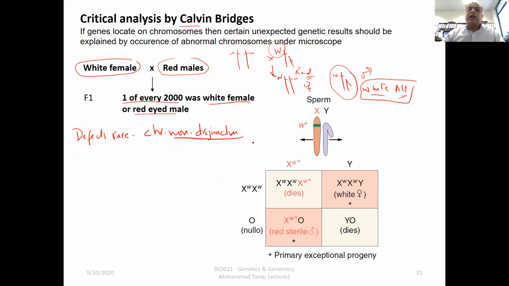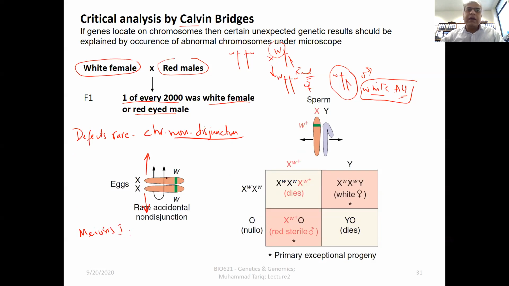Due to chromosomal non-disjunction, instead of both homologs going to opposite poles in meiosis 1, during reductional division, they don't separate, they go to the same pole.